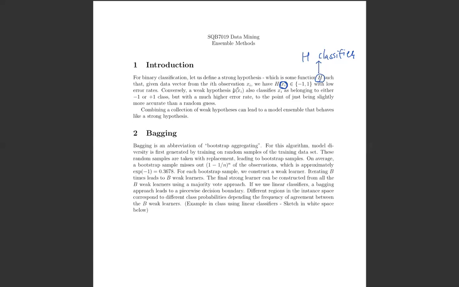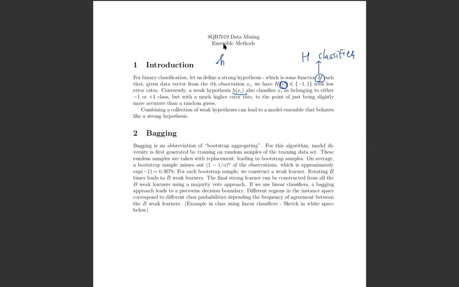On the other hand, you can use a weak classifier, denoted by the small h, or a weak warrior. It's just a classifier, so if you give it some input, it will give you an output. But its error rate will be much higher, quite close to a random guess, though slightly better.